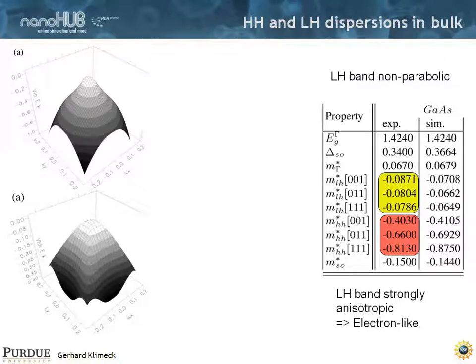Okay? The heavy hole one is almost looking roundish on the top, but then it has almost square-like behavior, right? In the 1, 1, 0 direction, so in this plane here. So this is the 0, 0, 1, and this is the 0, 1, 0, kx and ky.